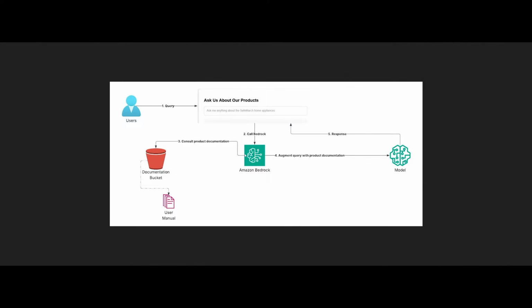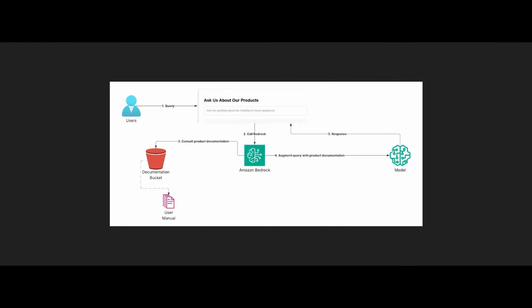Before sending this prompt to the actual model, Bedrock performs a search to identify whether there is any documentation that might be relevant to this prompt. And we can see here that we have the user manual stored in an S3 bucket. When Bedrock determines that this documentation is relevant, it augments the original prompt with the search results. So the model receives both the relevant documentation and the original prompt, and then it can provide a better response.